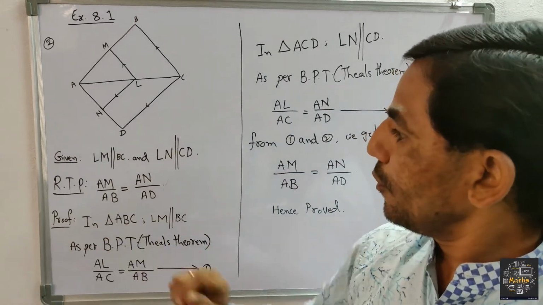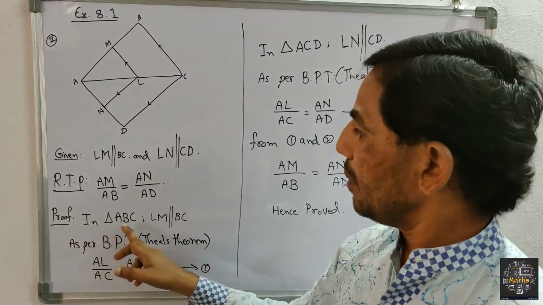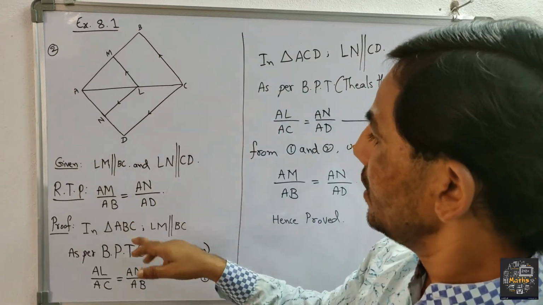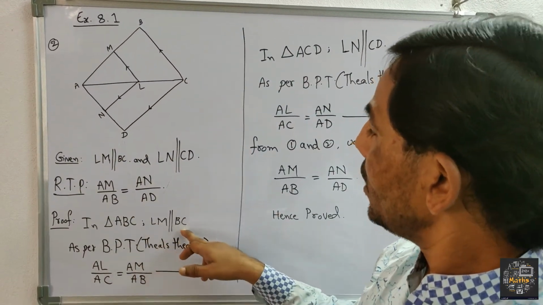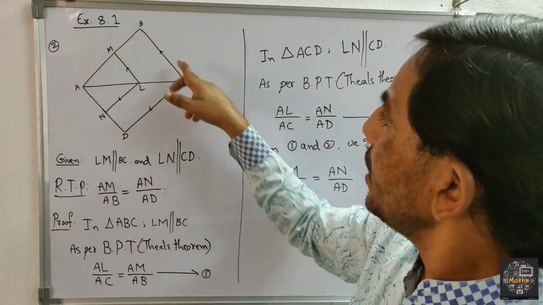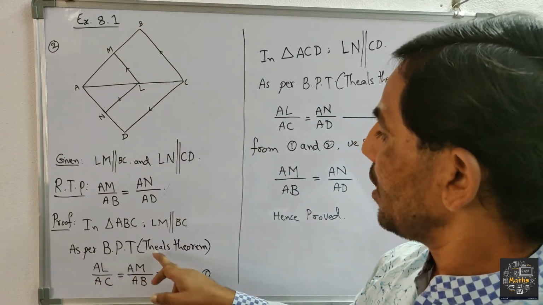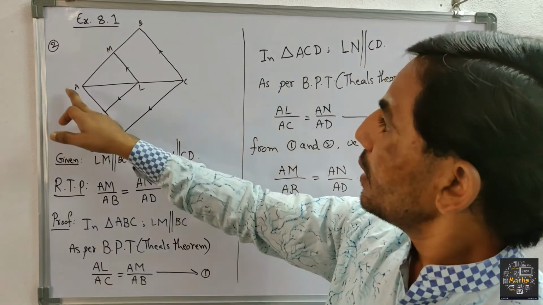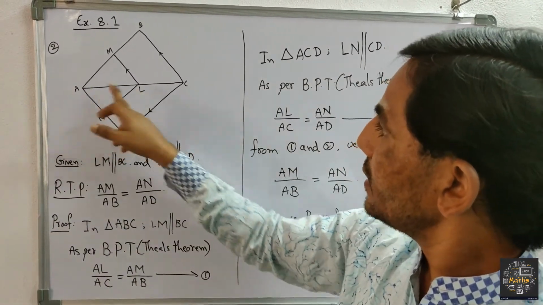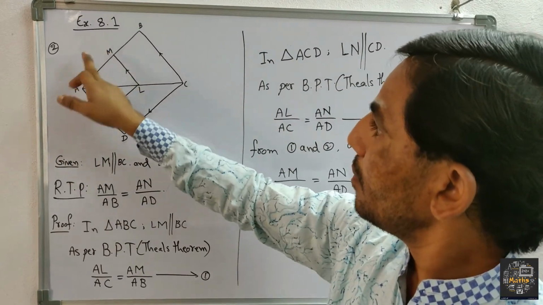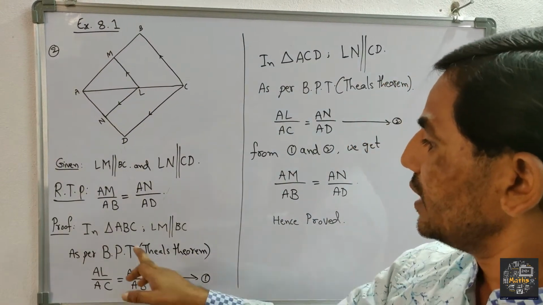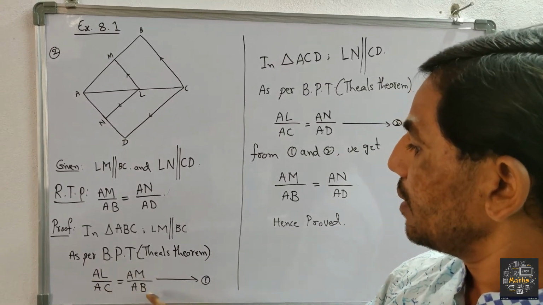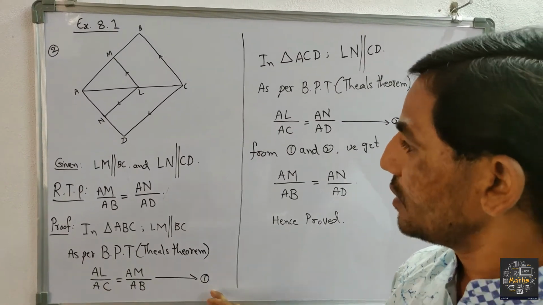Okay, proof. So in triangle ABC, observe here ABC, the above triangle, and LM is parallel to BC. As per the basic proportionality theorem or Thales theorem, we write AL by AC is equal to AM by AB. This I am taking as equation 1.